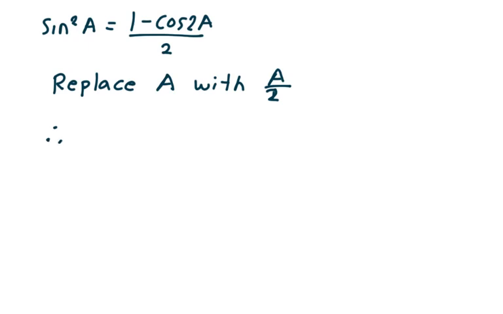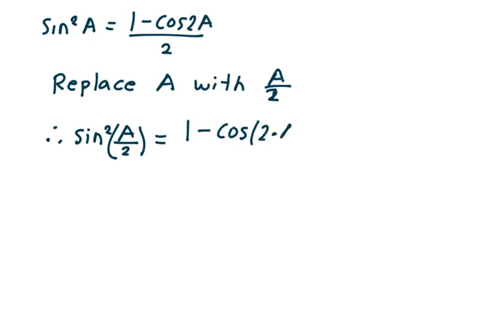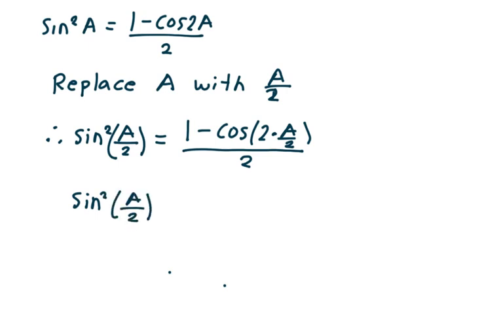And so therefore, sine squared of A over 2 is 1 minus cosine, I'm replacing A with A over 2, so it's 2 times A over 2, and we're going to divide by 2. And so sine squared of A over 2 is equal to (1 minus cosine A) divided by 2.